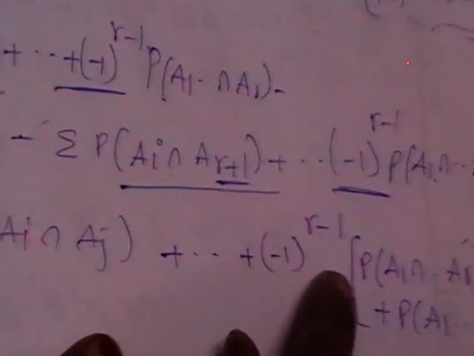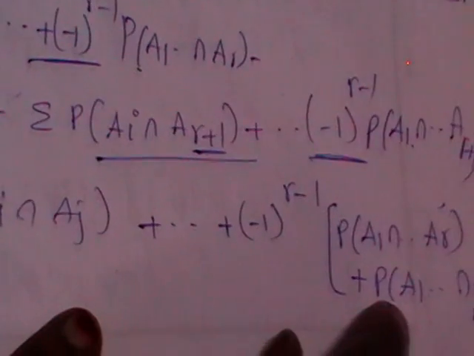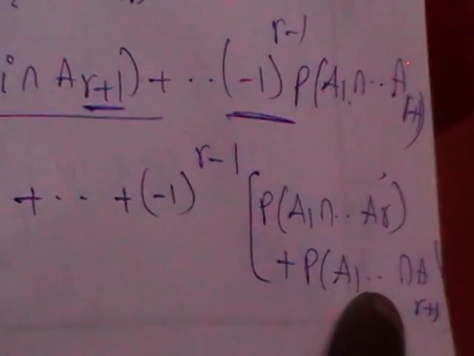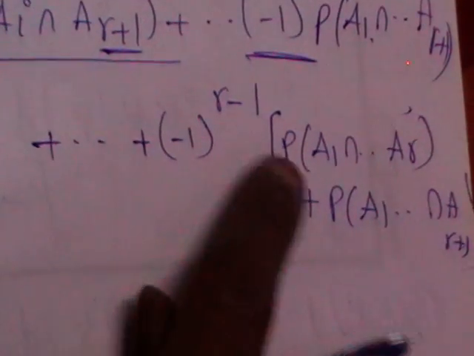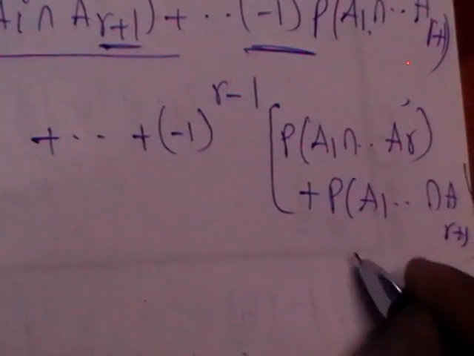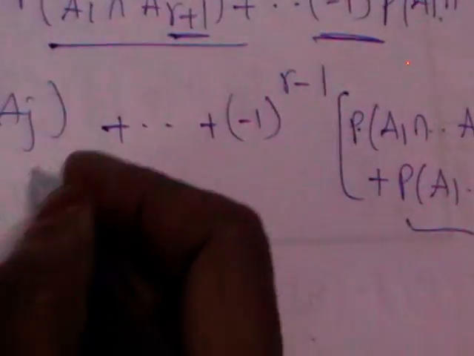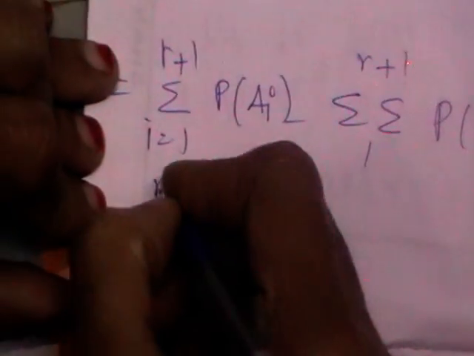Which probability are you going to get if I write these two: A1 intersection so on AR, and A1 intersection A2 intersection AR plus 1? If you observe these two probabilities, this probability is more when compared to this.